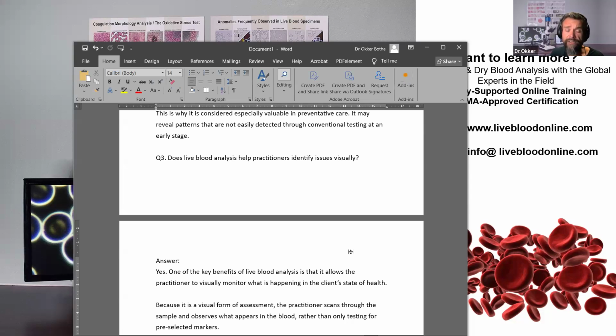It is a screening type of test, so we scan through the blood sample and assess everything visually. Whatever is going on in the blood, the practitioner will see. It's extremely helpful because in many cases one would pick up indicators for things that even experienced practitioners wouldn't always consider in those specific cases.